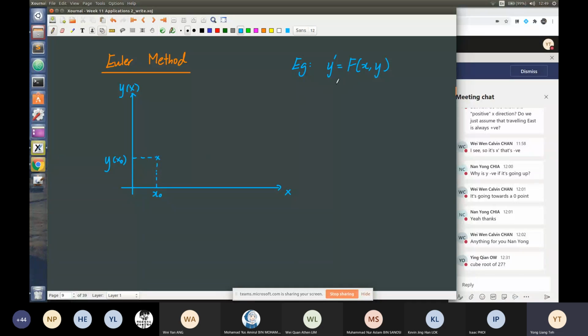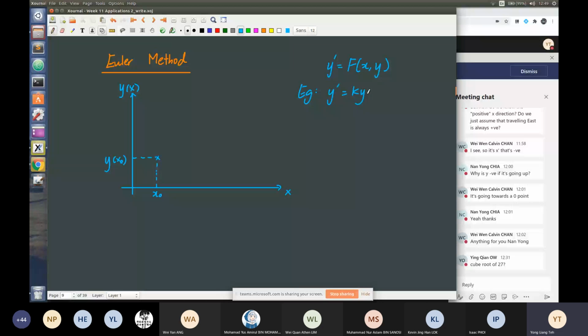So what's the example? Previously, we had y prime equals ky. dy dx or dy dt equals ky, our exponential growth model. But generally, you may have something like that. That means you know the function of y prime, which is just this big F here, but you do not know what the function y itself is, and you want to find that.